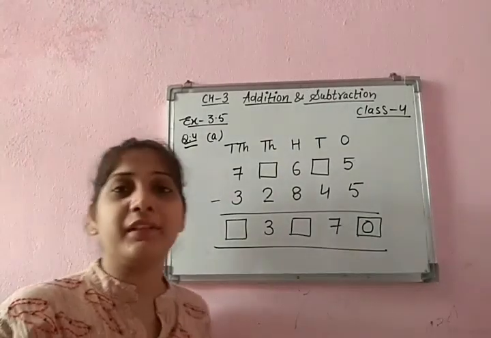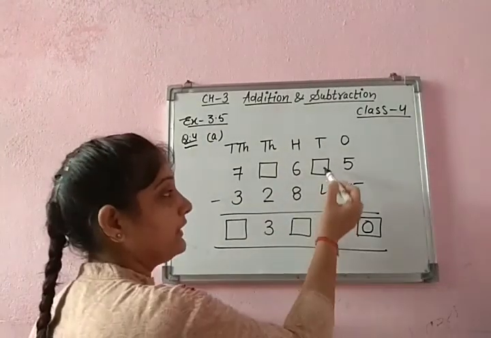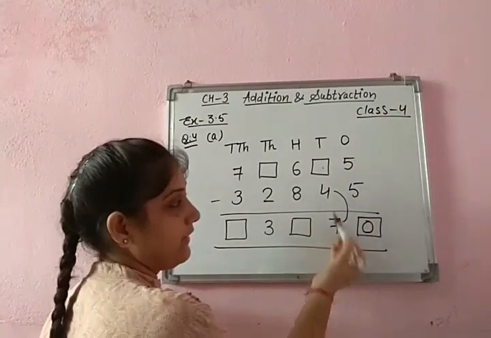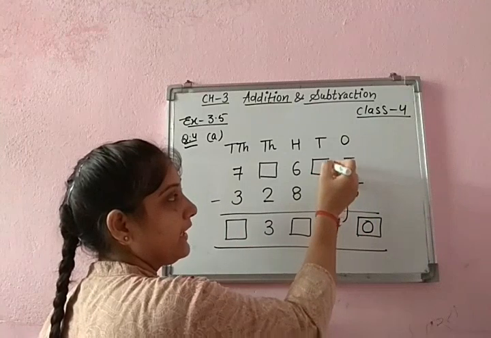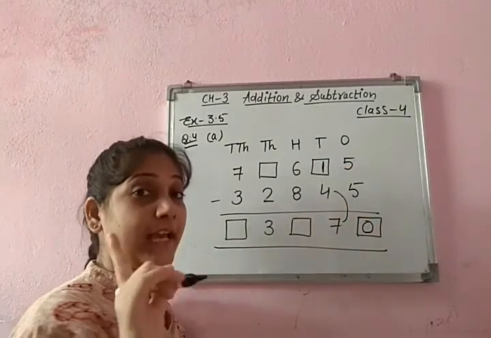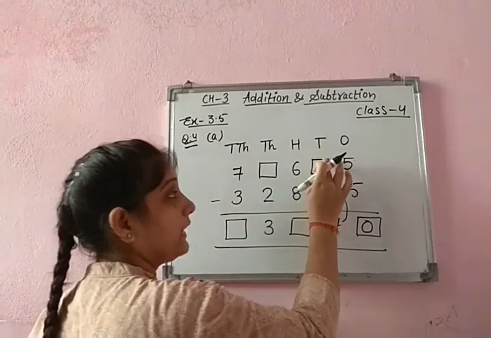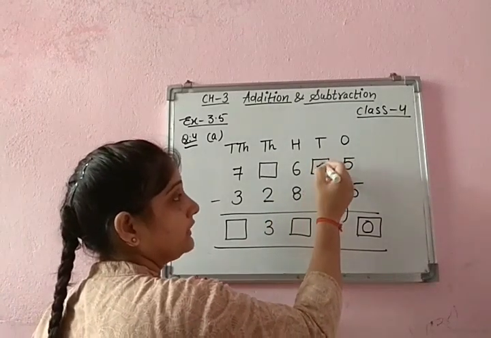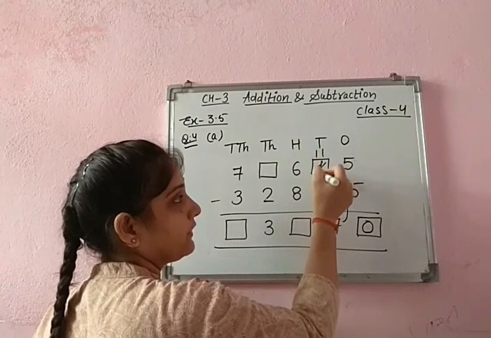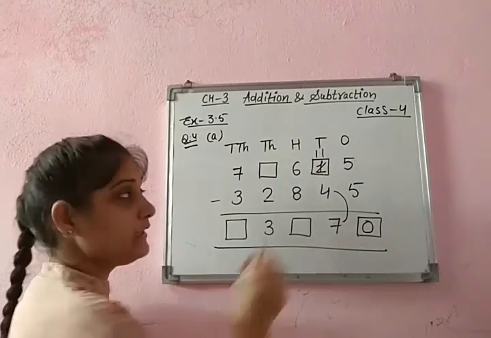Do you remember I just told you that minuend is the addition of these two numbers. So 7 plus 4, 11. So I cannot write 11 because I have to write a single digit. But what can I do? This is 1, and after taking borrow it will become 11. Do you understand what I have done?